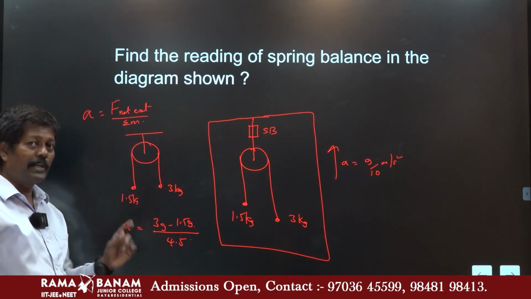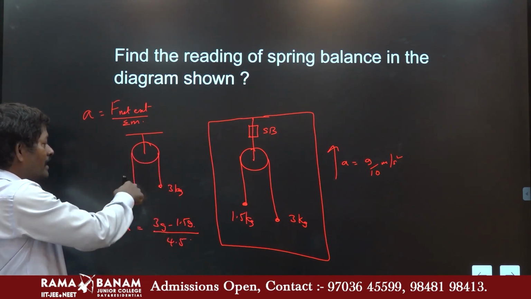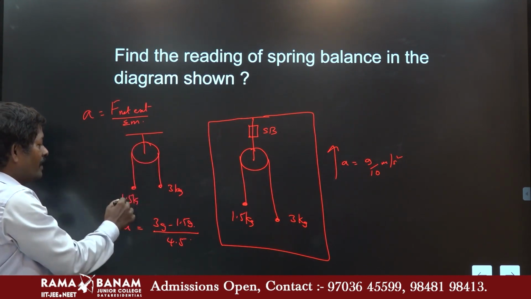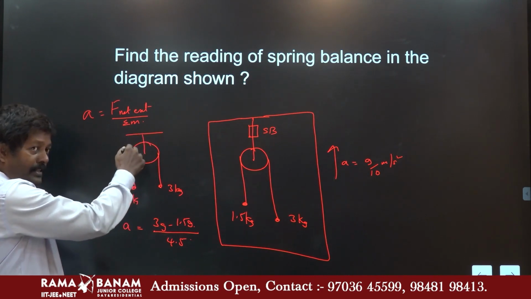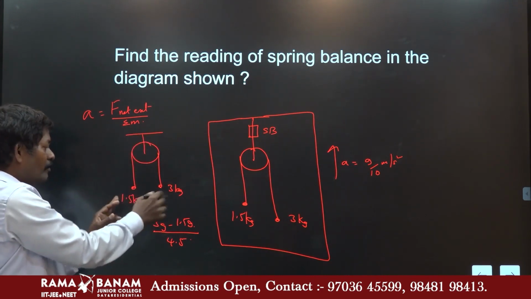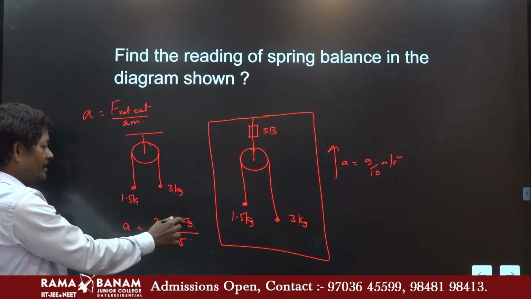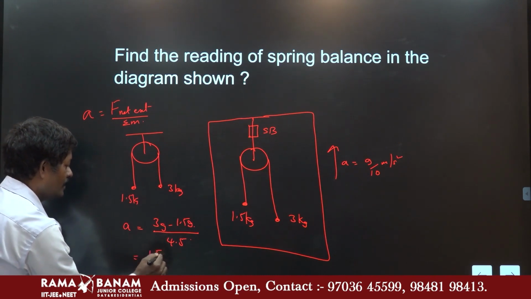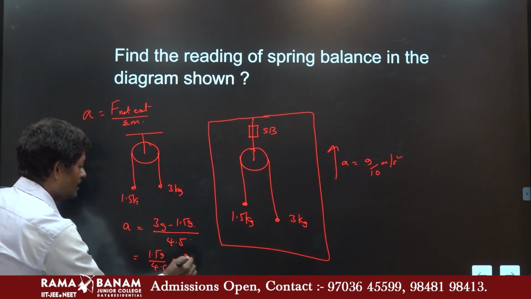What are the external forces? The mg's are the external forces. 3g will try to rotate the pulley clockwise, 1.5g will try to rotate the pulley anti-clockwise. Therefore, we have to subtract, we should not add them. So 3g minus 1.5g by 4.5, that is 1.5g by 4.5, which gives g by 3.